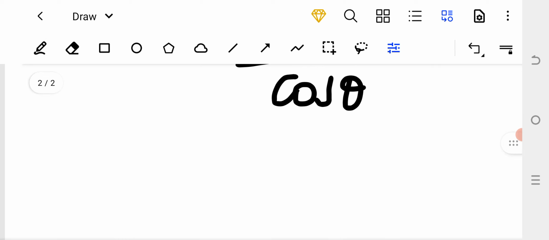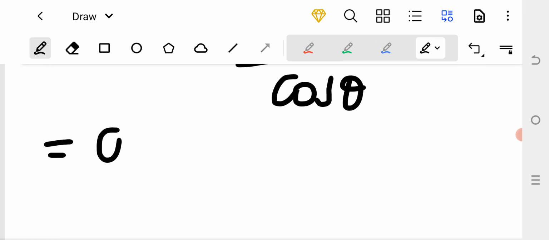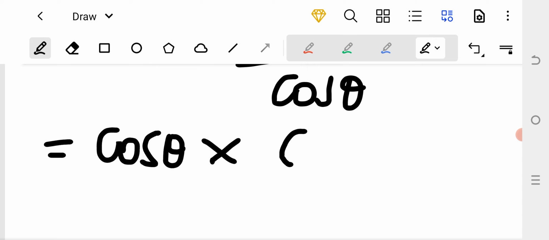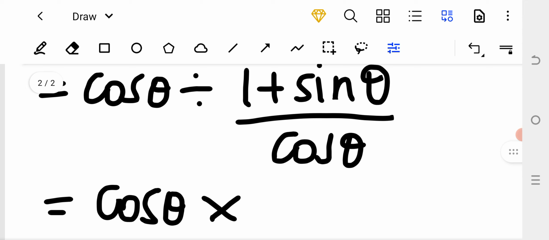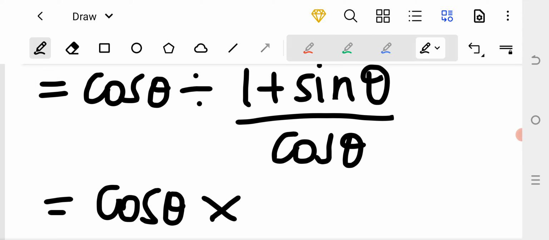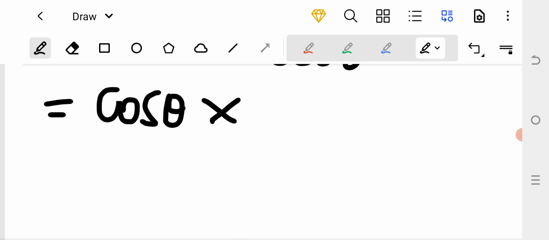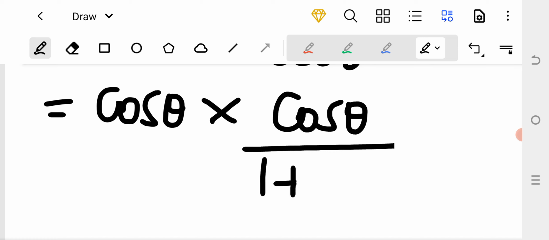When you change it to multiplication, you take the reciprocal of this fraction, so you say cos theta over 1 plus sine theta.